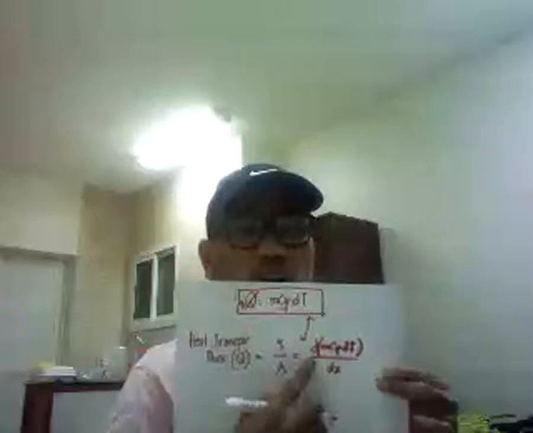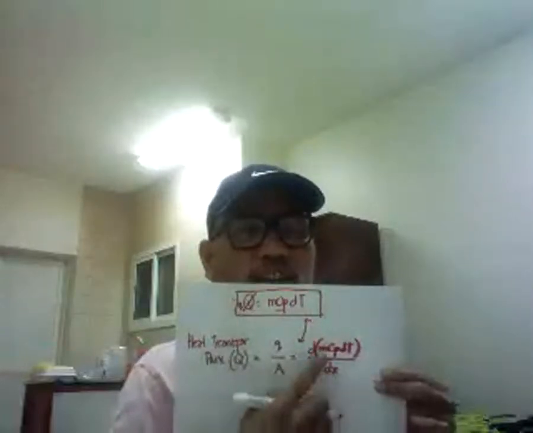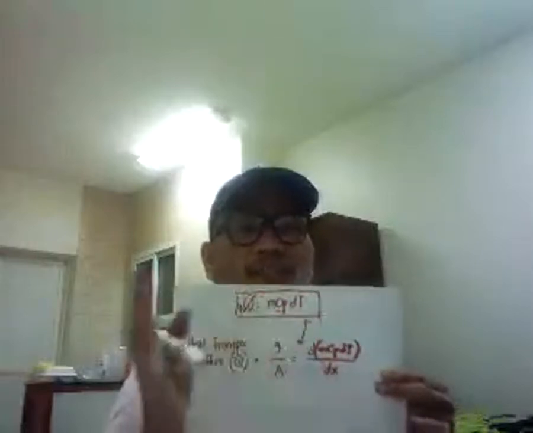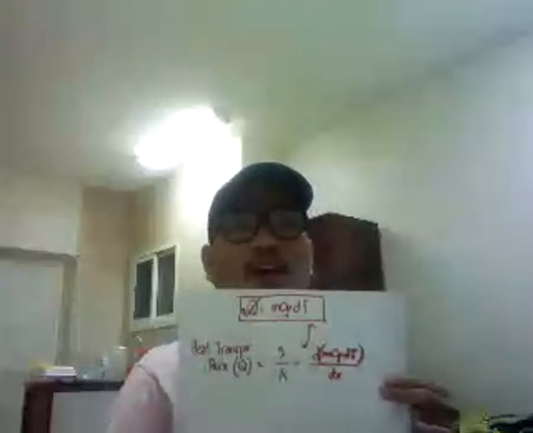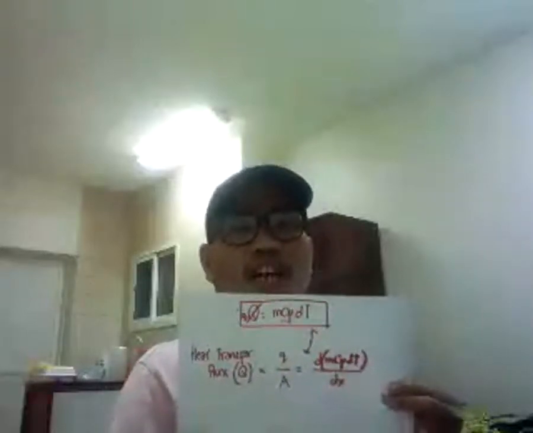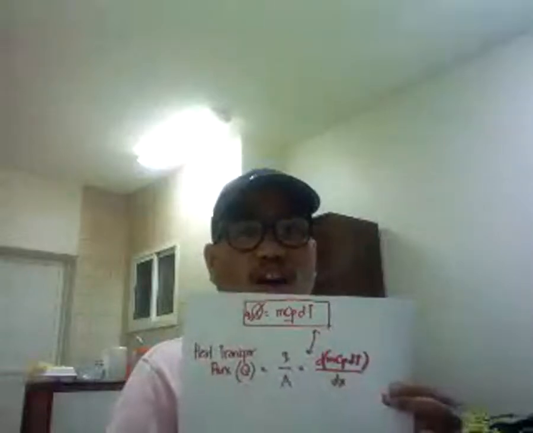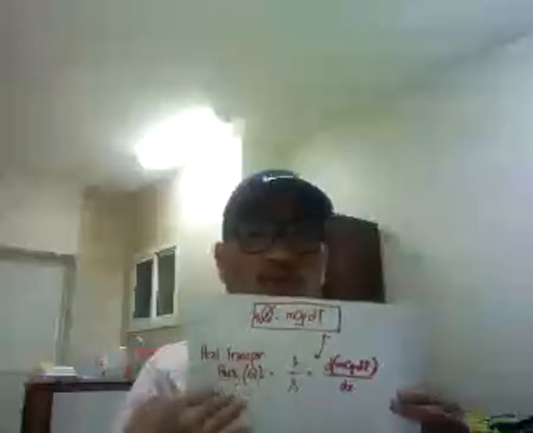Delta change of mCp dT over delta change of x. Actually, this is y, and we are only having specific quantities that will be inserted in the y. This is actually dy/dx. If you can remember the differential calculus, dy/dx always, and you have to differentiate that one. The horizontal position is always in the denominator.